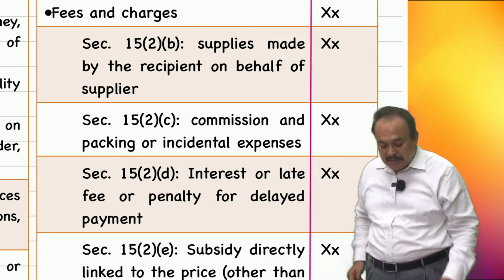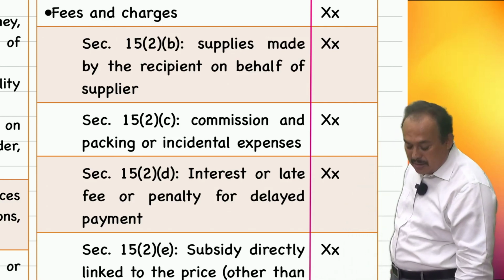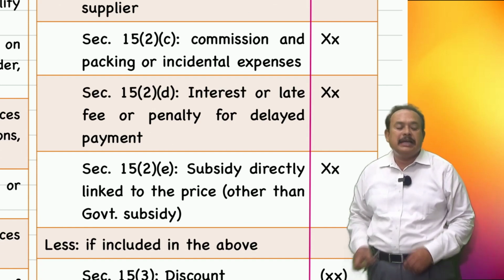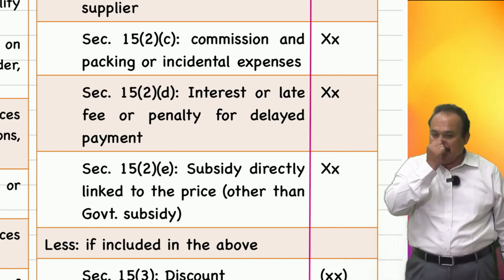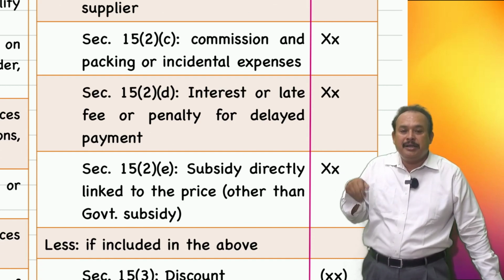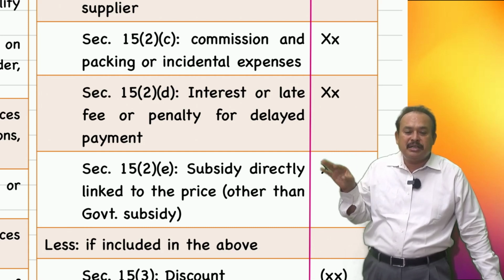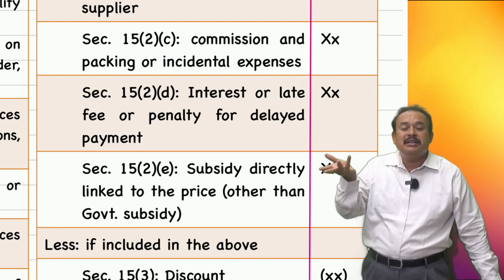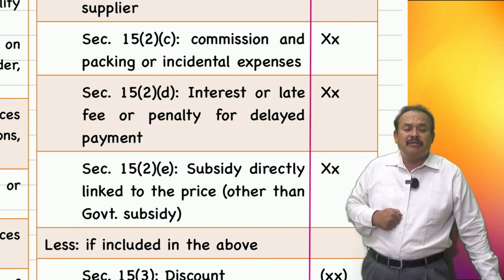Further, my dear friends, section 15 subsection 2 clause C, which says that commission and packing are incidental expenditure. Repeating, commission, packing are incidental expenditure, if any, which is not added, you add it and arrive at the value to pay the GST.